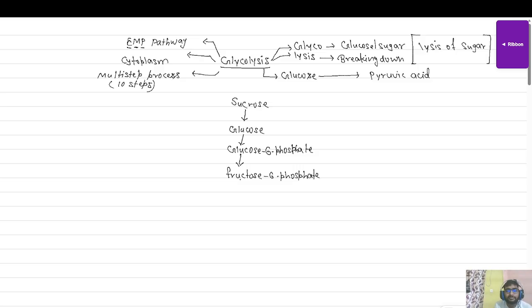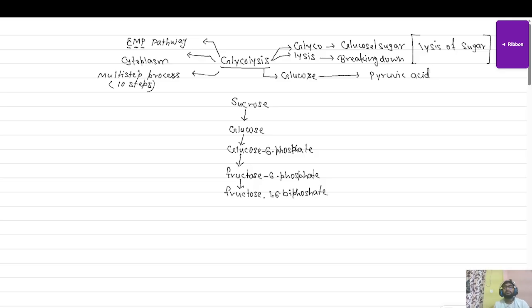From fructose 6 phosphate, another molecule will form, known as fructose 1,6 bisphosphate.